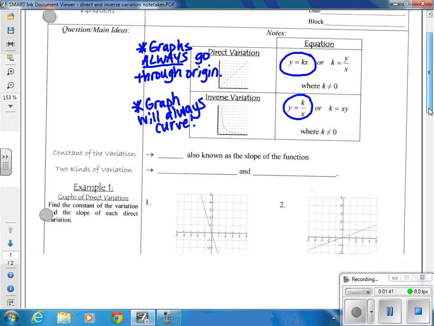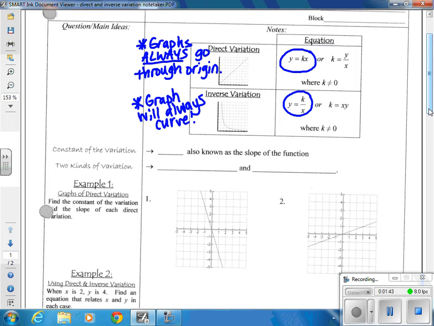The next thing we want to fill in is some key vocabulary. The constant of variation is known as the letter k in these formulas. So every time you see the k value, that represents the constant of variation. It's also known as the slope. So slope and constant of variation are synonyms for each other. When they ask you to identify the constant of variation, they're really asking you for the slope of the problem, but instead of using the letter m, like slope is normally written, the letter k is used for constant of variation.